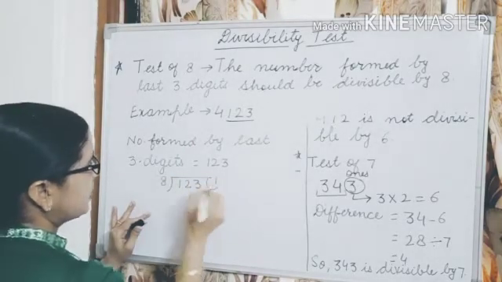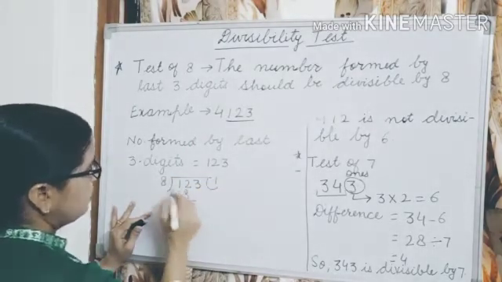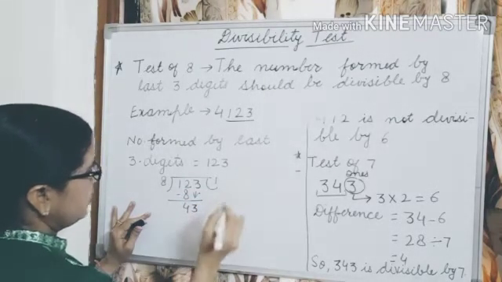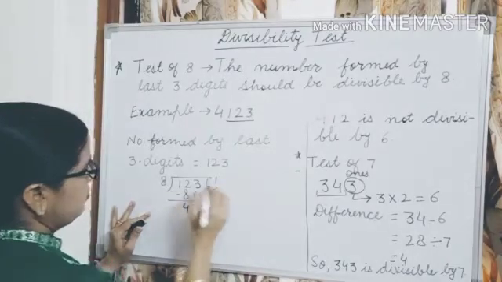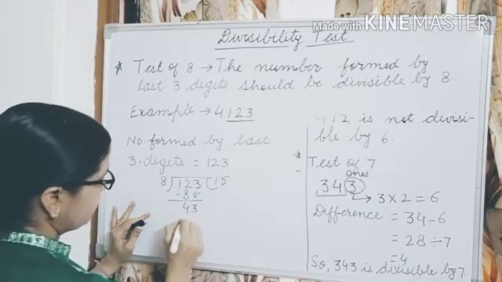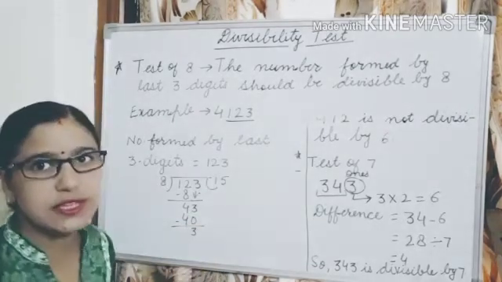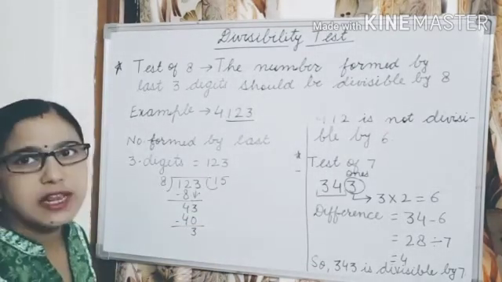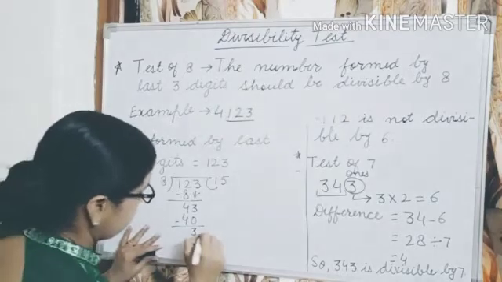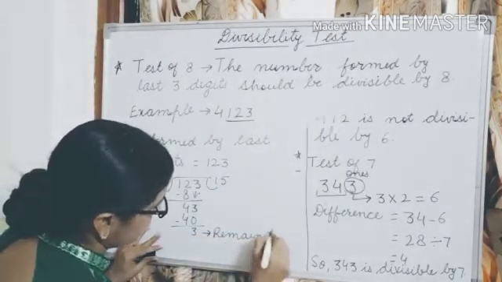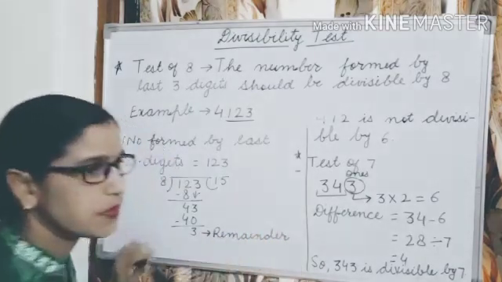8 ones are 8. 12 minus 8, 4. 8 fives are 40. What can you see here? A remainder is left. This is the remainder.